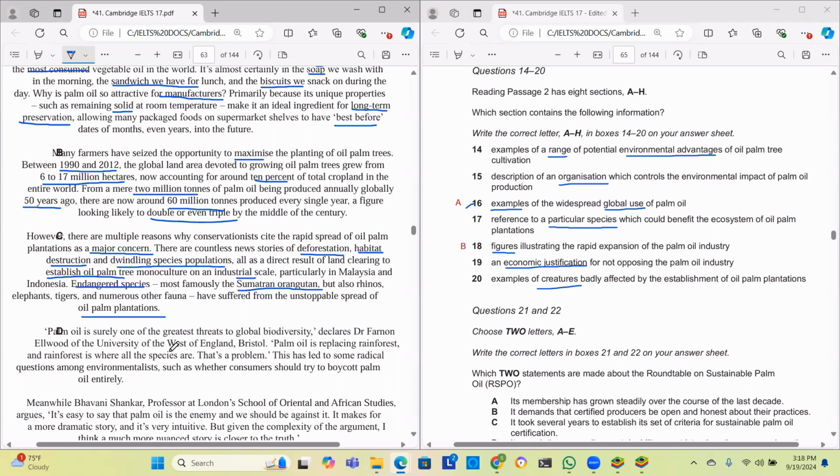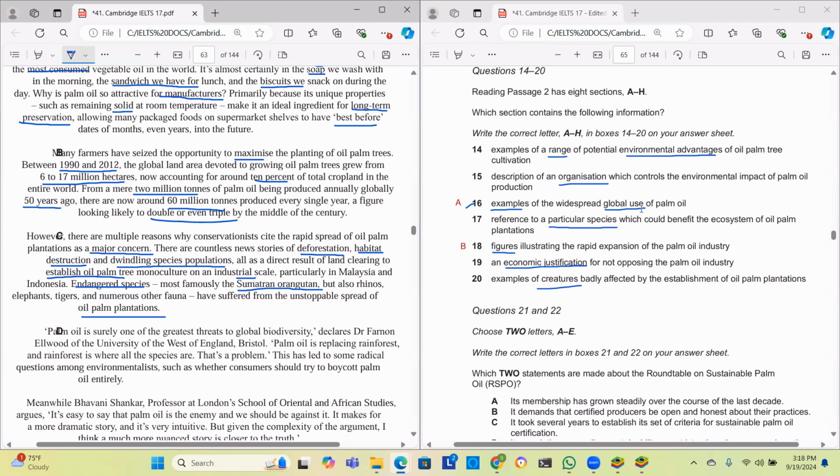So here he's talking about some major concerns or disadvantages because of these spreading plantations. What is it that he said? He said deforestation, habitat destruction, species population loss. So which one is the answer? Examples of a range of potential environmental advantages.